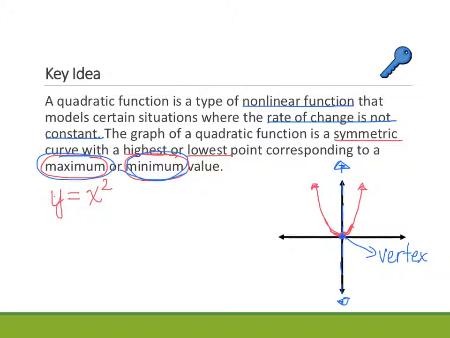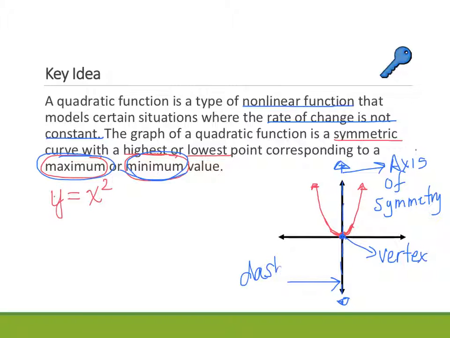Now, the axis of symmetry, which I've drawn here in blue, divides the parabola, which is the U-shaped curve, into two halves that are mirror images of each other. This is what I mean when I say that the graph is symmetric. The axis of symmetry will always be represented by a dashed line.